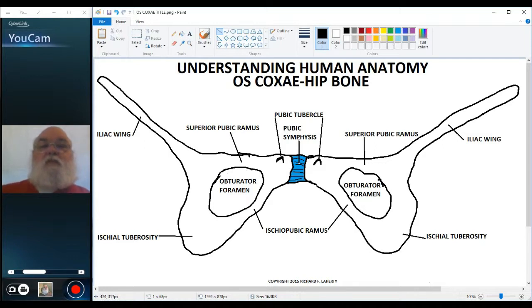Now, let me draw in a couple of more structures, and I'm going to put them in mainly with dots, and these are the anterior superior and anterior inferior iliac spines. So again, let's do some labeling.